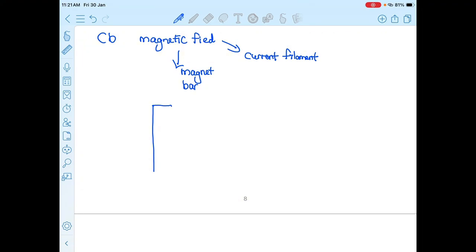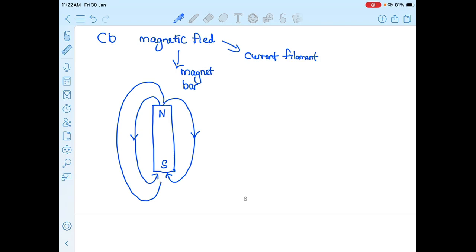For the magnet bar, you have a north pole and a south pole, so the magnetic field should be from the north and go to the south. So this should be the direction, and you can draw magnetic field lines according to a diagram. So this is the magnetic field.